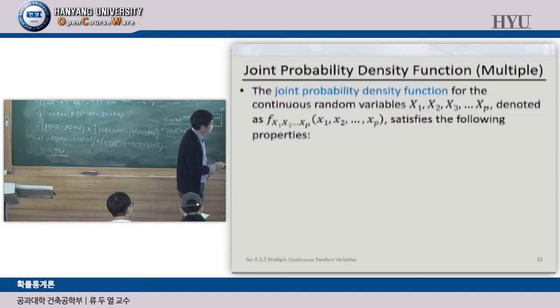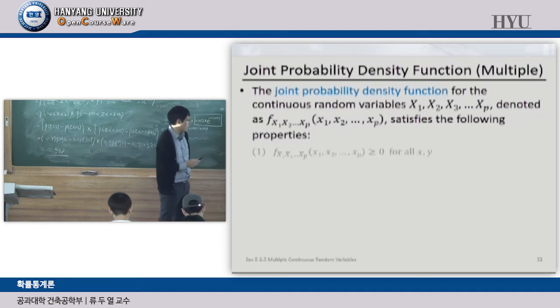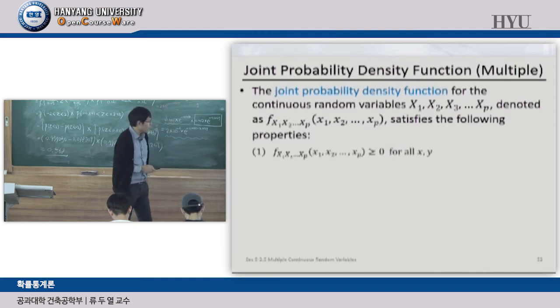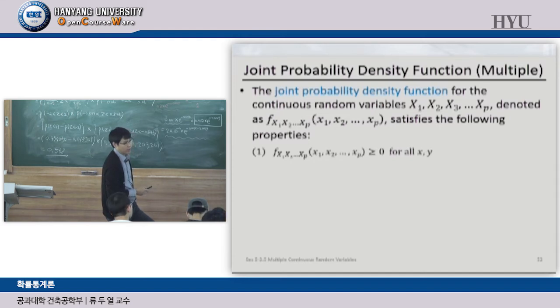This joint probability density function satisfies the following properties. The first one is that the joint probability density function should be larger than or equal to 0, for all variables from x1 to xp.